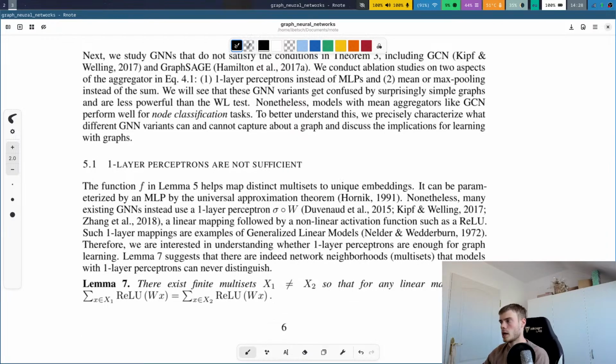Nonetheless, models with mean aggregators like GCN perform well for node classification tasks. To better understand this, we precisely characterize what different GNN variants can and cannot capture about a graph and discuss the implications for learning with graphs. So depending on what layers you use, whether you use a one-layer perceptron in the aggregator function, this can mean that your architecture may struggle with certain things. Good.